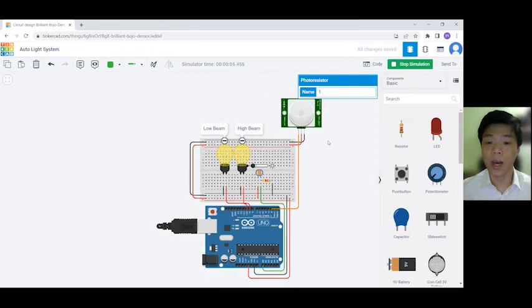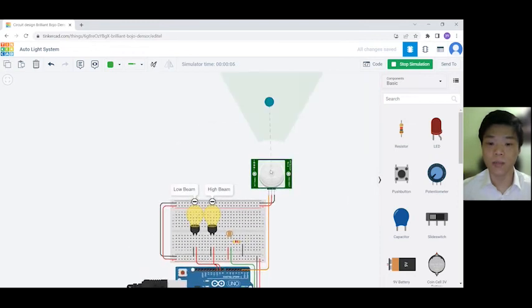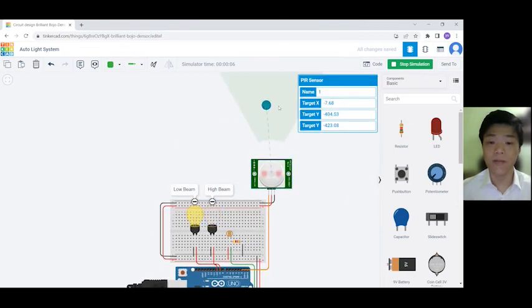For the PIR sensor, when there is an object in front of the car, the high beam bulb will not light up. When there is no object in front of the car, the high beam bulb will light up. This program loops the whole time when the car is working.